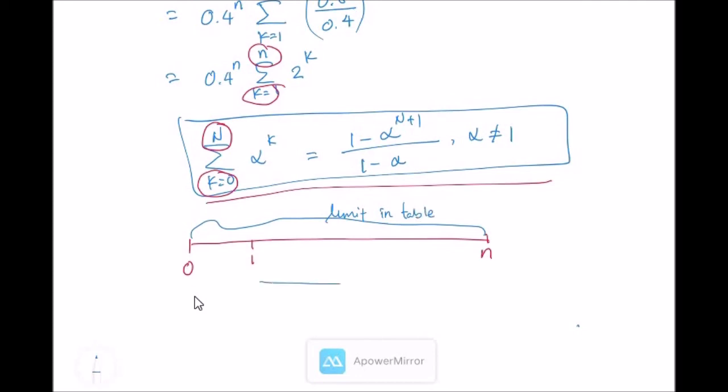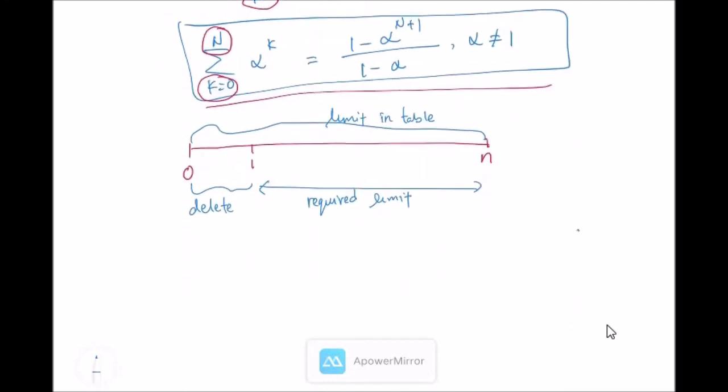But what you want is 1 to n. So I name this the required limits. It means that you have the extra from 0 to 1, so this one you need to delete.